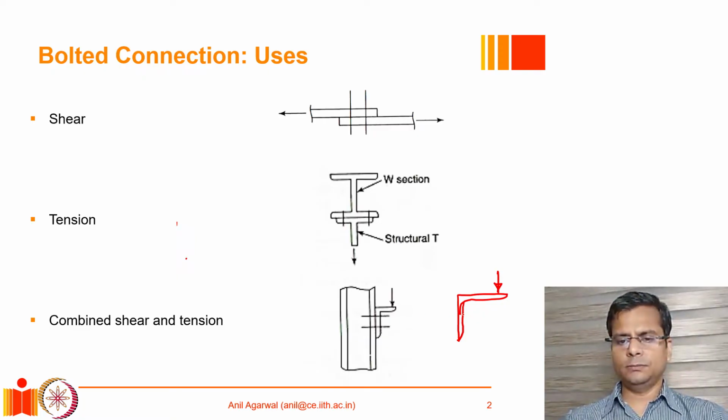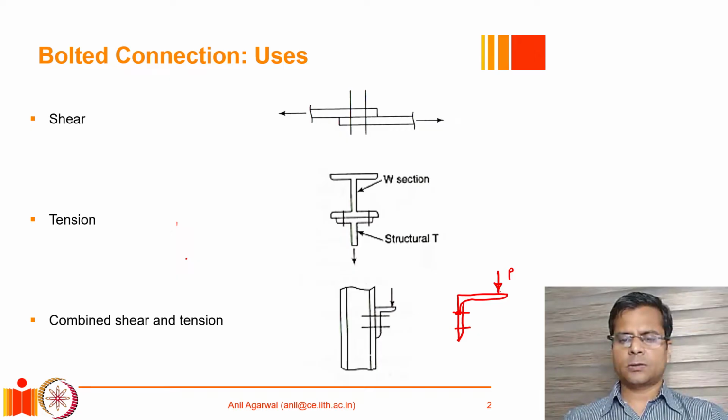So in this situation, whatever force P is acting, for force equilibrium, we will see that there are two bolts provided. In all these diagrams, the line that is representing the bolt is the length of the bolt, and the diameter is not shown here explicitly. So these two bolts are going to resist this force.